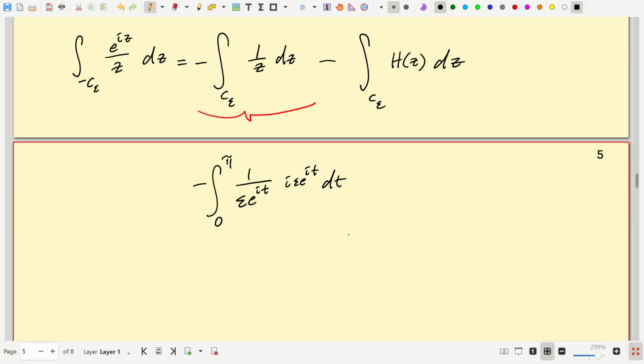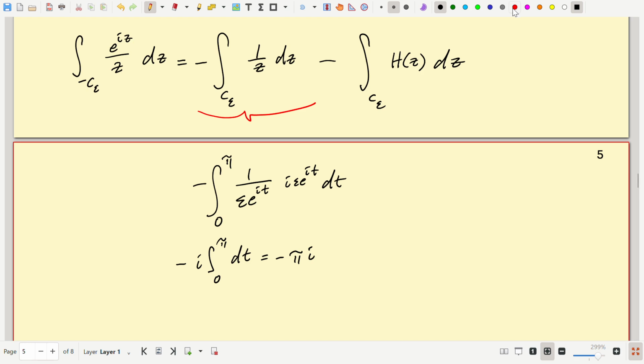The epsilon e to the it's cancel, and I'm left with minus i times the integral from 0 to pi dt. That's minus pi i. That's what I predicted this thing was going to be.